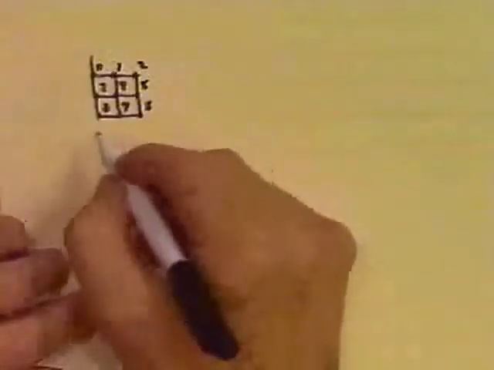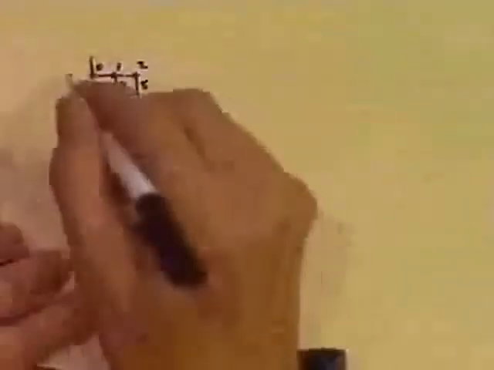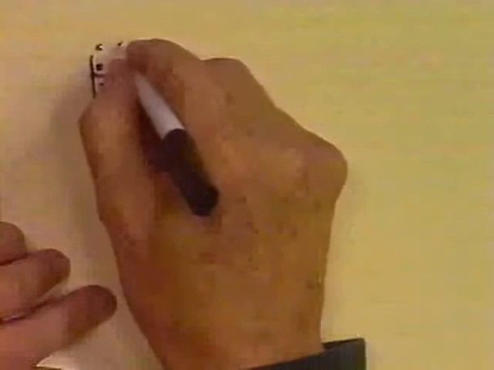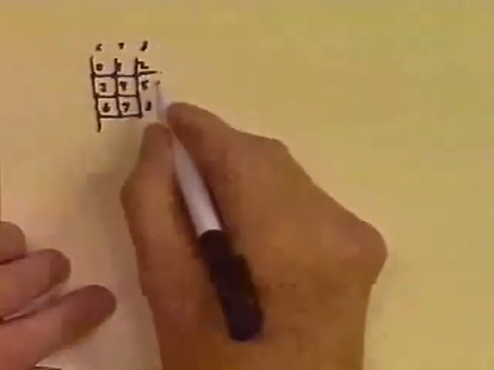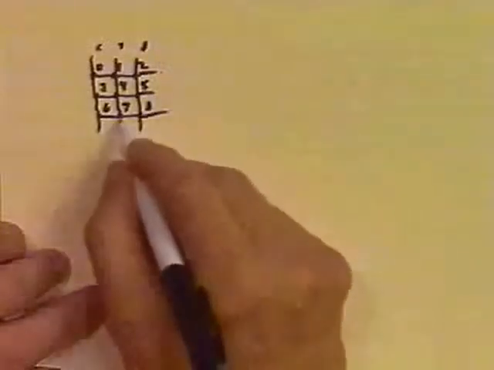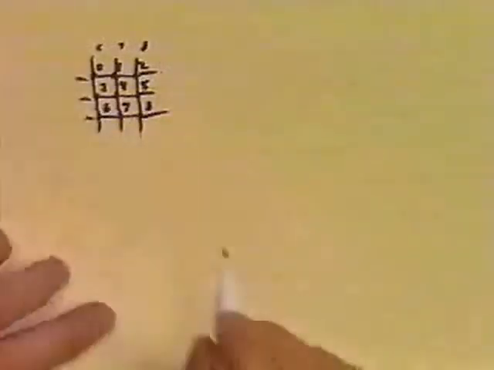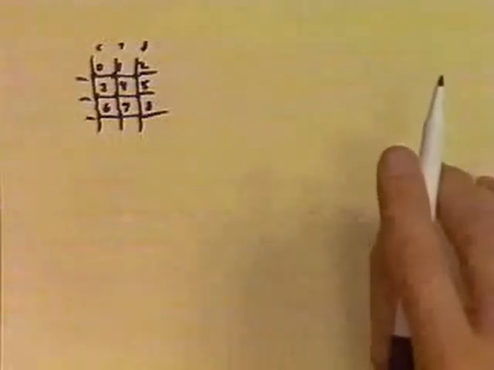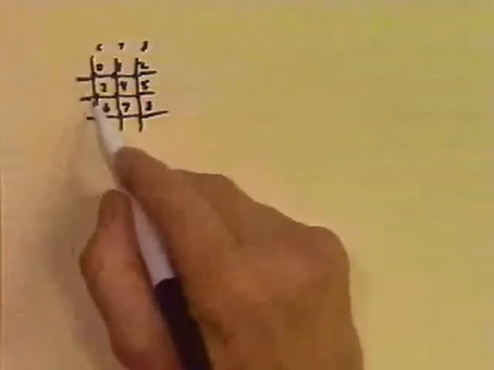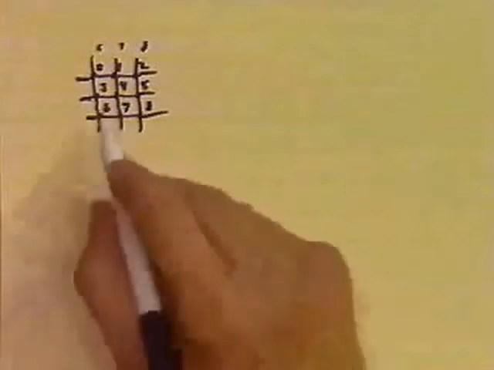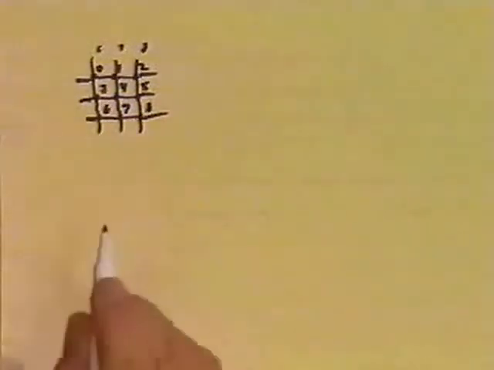You can think of 6, 7, 8 as being up here, sort of a shadow effect, and similarly 0, 3, and 6 are over at the right, and 0, 1, and 2 at the bottom, and so on. So this is a graph in which every vertex has 4 neighbors, and it's a directed graph in the sense that each of these lines means there's an arc going to the right and an arc going to the left.